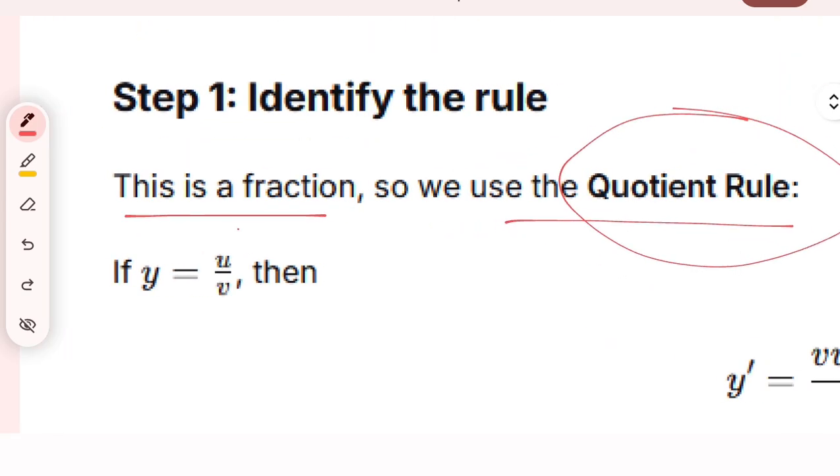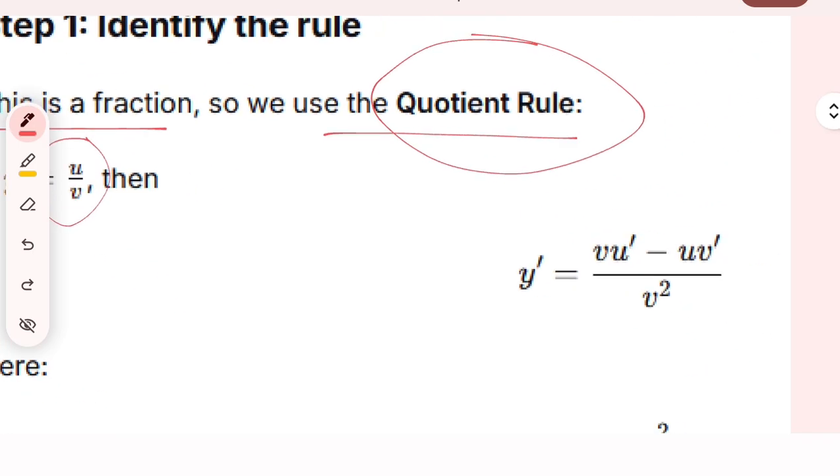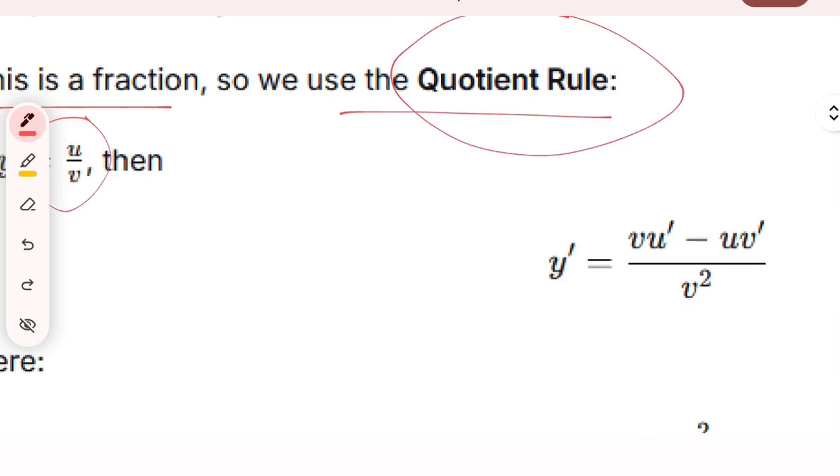The quotient rule has this formula: u divided by v, where u is the numerator and v is the denominator. If y is equal to u divided by v, then the derivative of y is v times the derivative of u minus u times the derivative of v, divided by v squared.